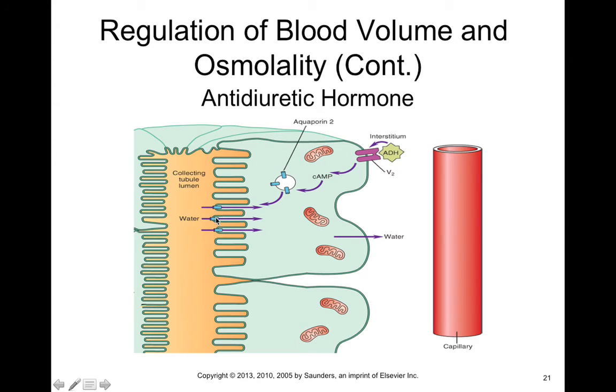By putting these aquaporin proteins here, we can help reabsorb water from filtrate. So in response to antidiuretic hormone, we end up with filtrate that's more highly concentrated and smaller in volume due to the reabsorption of water. The urine you're going to see in response to ADH is going to be lower in volume and more highly concentrated, so it's going to look darker in appearance.